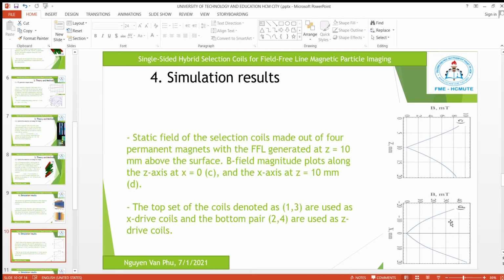The top pair of coils, 1 and 3, are used as X-driver coils, and the bottom pair, 2 and 5, are used as Z-driver coils.